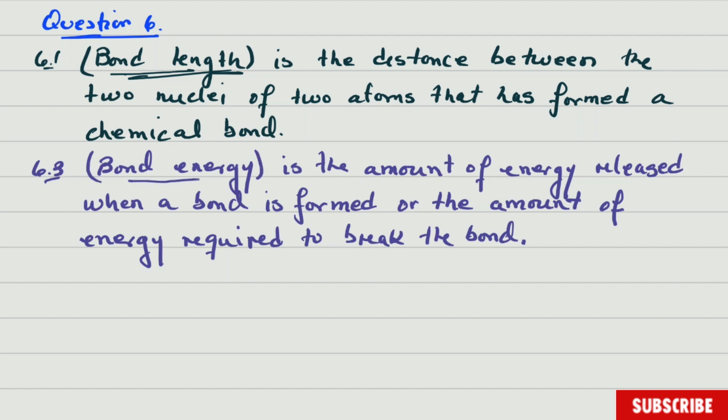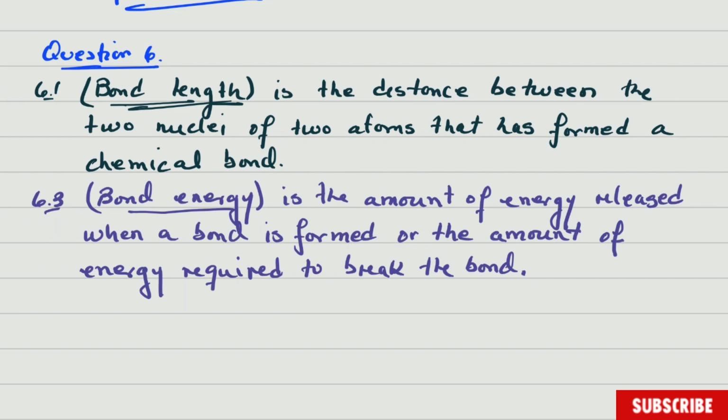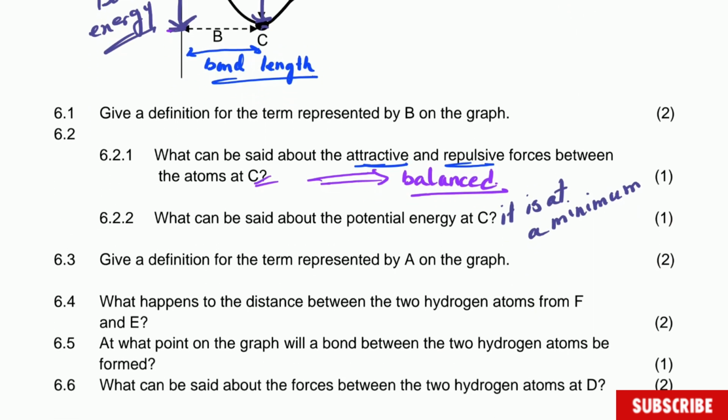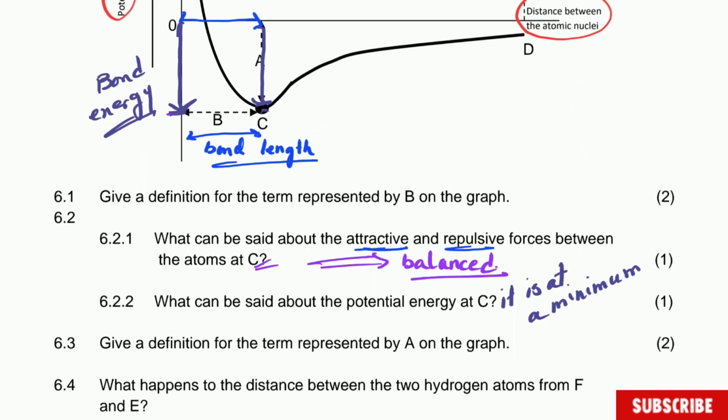Bond energy is the amount of energy released when a bond is formed, or the amount of energy required to break the bond. So guys, that is the definition of bond energy. And in this question you need to be sure that they are going to be asking you for those two terms and definitions.